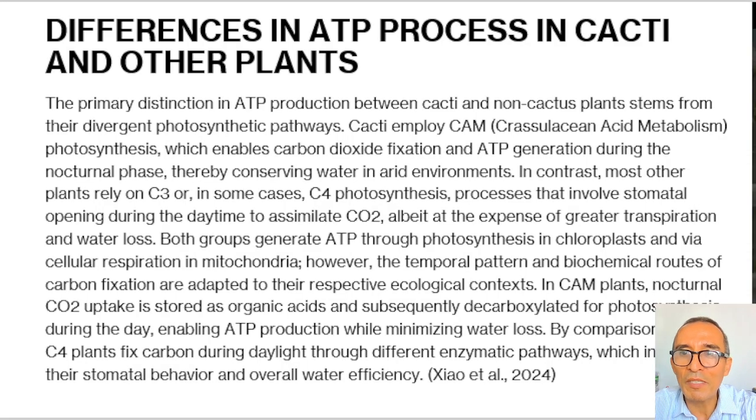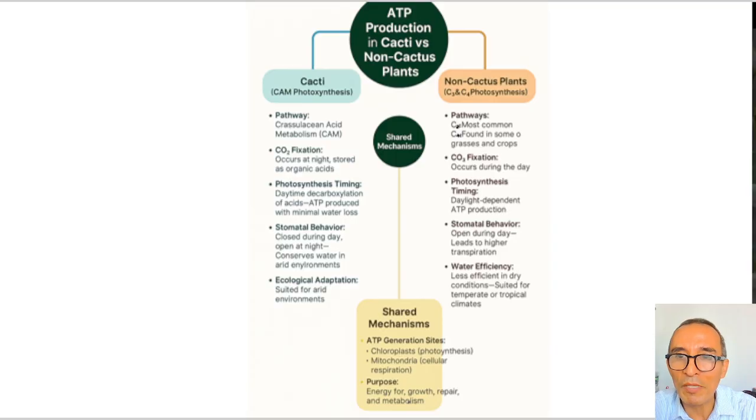What is the difference in the ATP process with other plants? Cacti start the process in the night. The other plants have the process occur during the day. In the night, the cacti obtain carbon dioxide and store it, and the other plants obtain the carbon dioxide during the day, and the process after the retaining of carbon dioxide is the same.